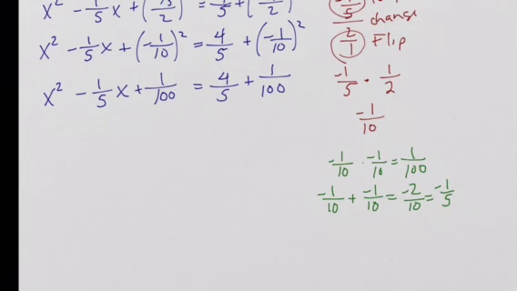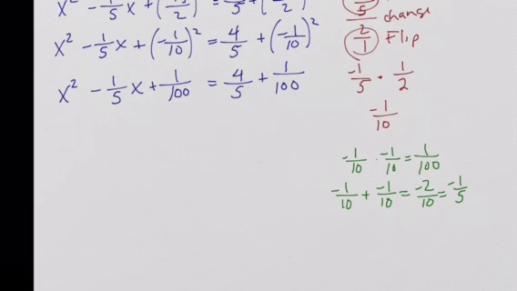And again, when we are factoring, we've got to multiply to get this number. We saw that here. And we've also got to use the same numbers to add or subtract to get the middle. That's what we've gotten here. So that shows us that we can go back and factor this as x minus 1/10 times x minus 1/10.